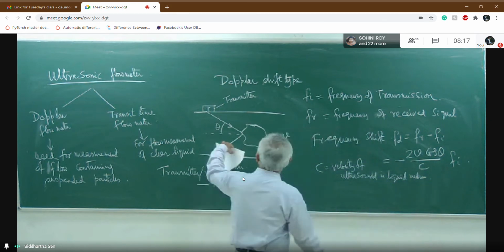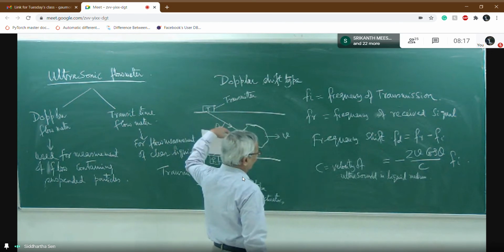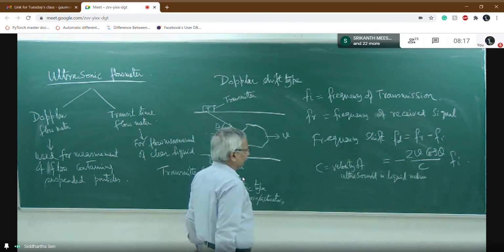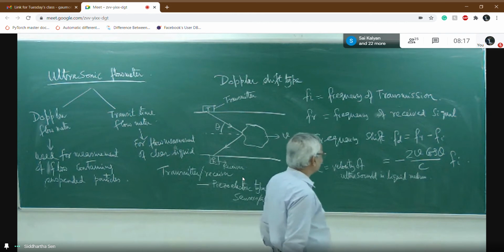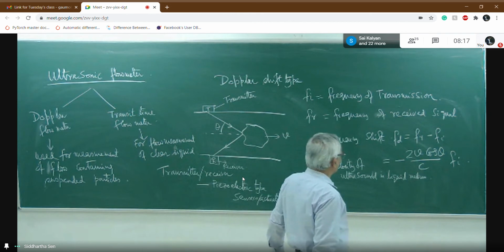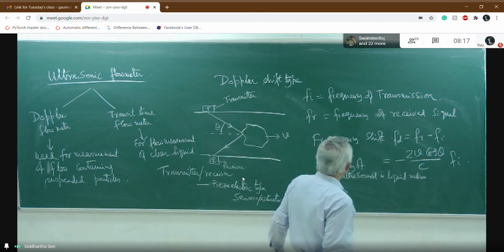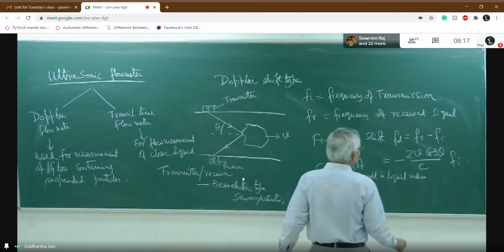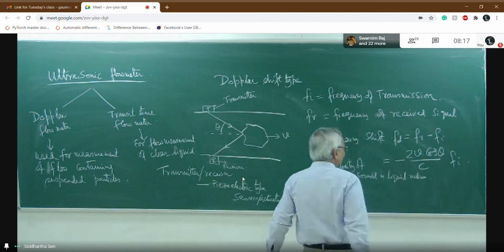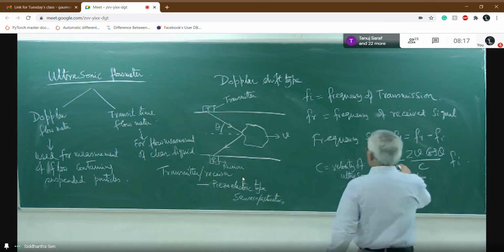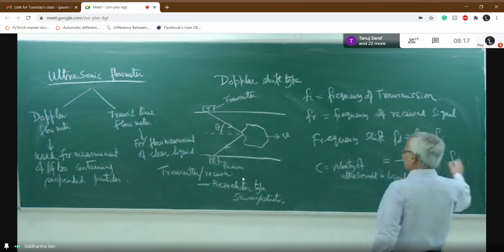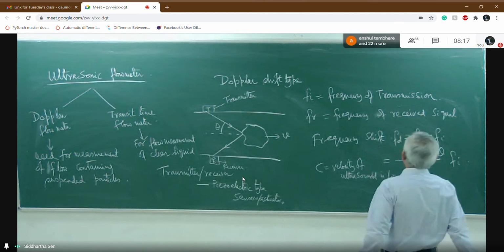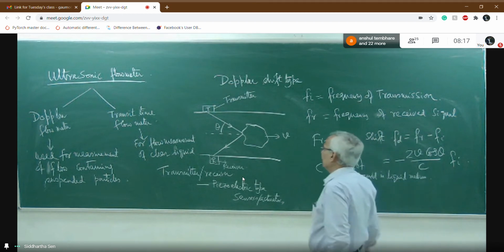That means what is the medium? The liquid, like this, there is a velocity here, and that we get it here. So naturally, what we can say is that if the frequency shift is negative, that means it is going away; if the frequency shift is positive, then it is coming closer.